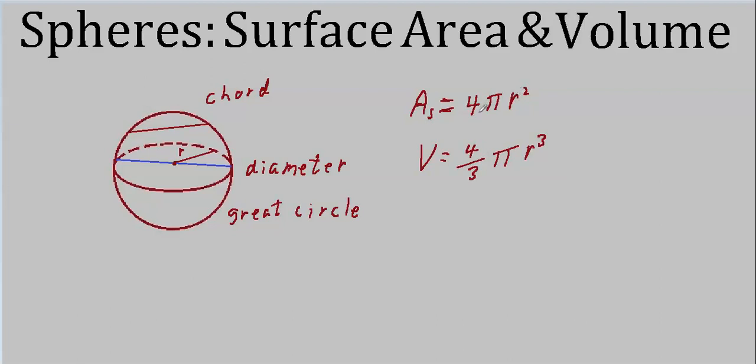But if that doesn't work for you, if you can remember this one, remember that if you take the 3 out of here and turn this into 4/3 pi r squared, in other words, move the 3 out and drop this down 1, you get 4 pi r squared.